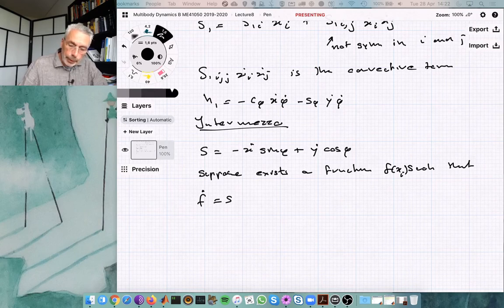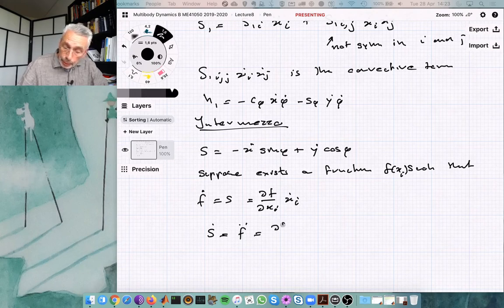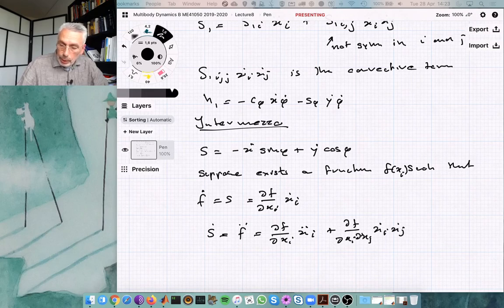Or in other words, f dot is df dxi times x dot I. Well, if that is the case, then if we do the second derivative of the thing, s dot, we get f double dot, and we get, of course, df dxi x double dot I plus d2f dxi dxj x dot I and x dot j.